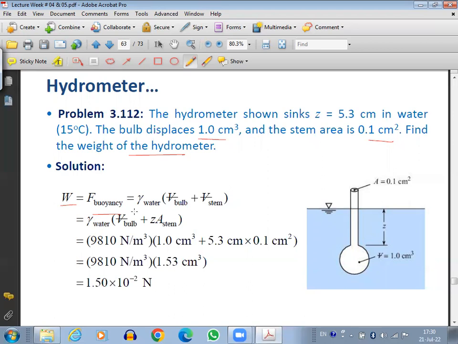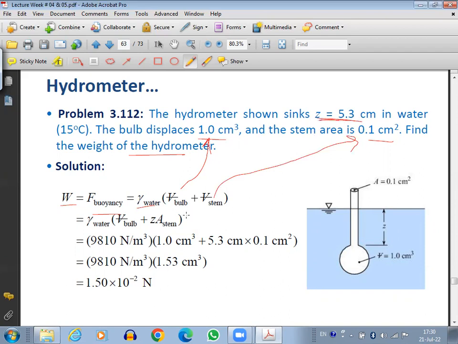The buoyancy force will be equal to gamma of water multiplied by the volume of the displaced water. The volume of displaced water will be equal to the volume of bulb plus volume of stem. The volume of bulb was given directly. Regarding the volume of the stem, you have the area and you have the length, how much it is dipped.